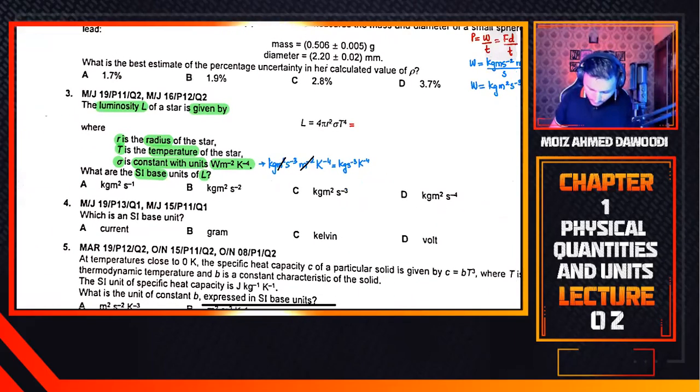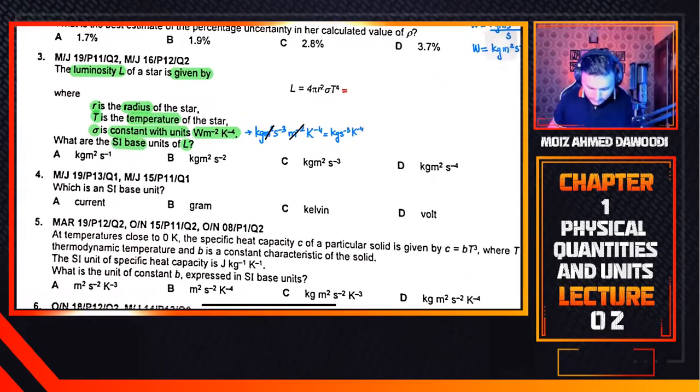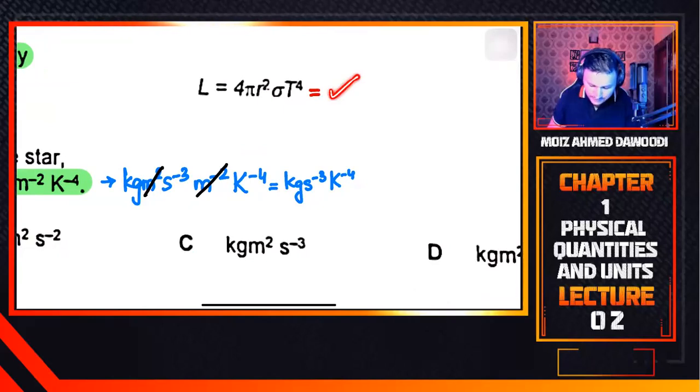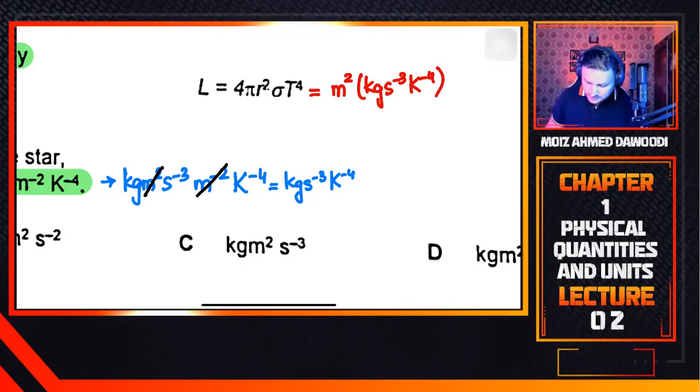Okay. So see, beta, this whole unit we have simplified. Now put down the values here. 4 is a number, no unit. Pi is a number, no unit. R radius, unit is meter, so squared, that's meter squared. The unit of sigma we simplified: kg s^-3 K^-4, and temperature has base unit Kelvin. Since it's T raised to the power 4, it's Kelvin to the power 4.